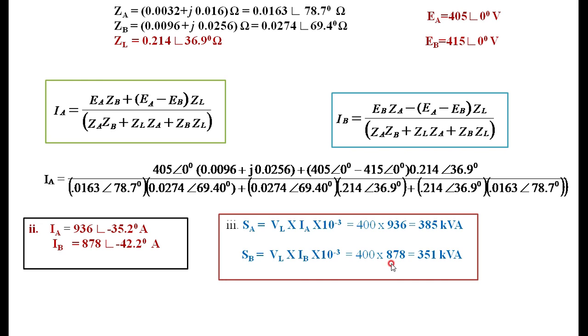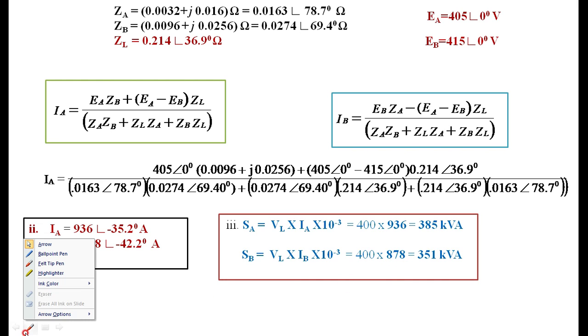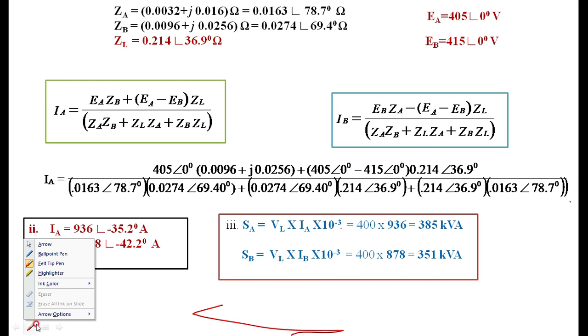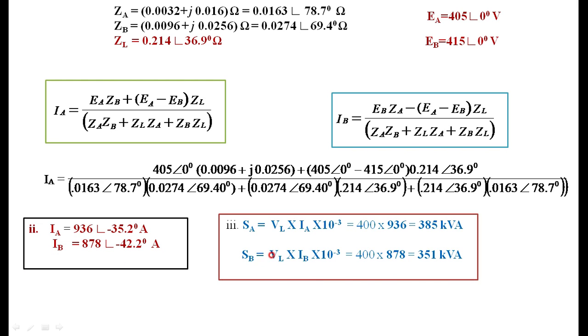What I am getting is 400 into 878, and also you have to take the 10 raised to minus 3, so that you are getting values of 351 kVA and 385 kVA.